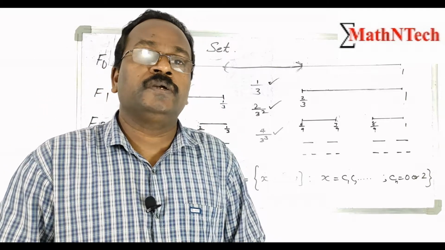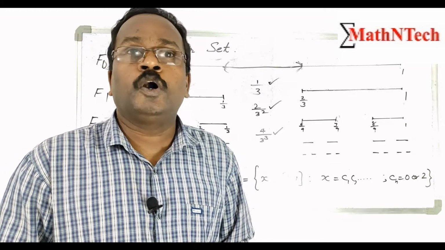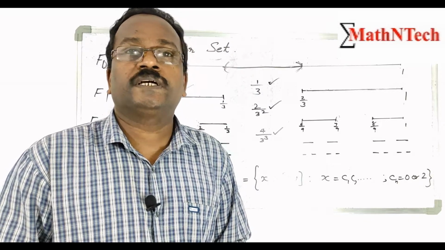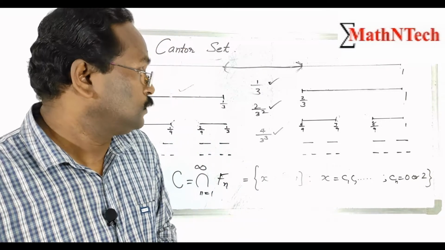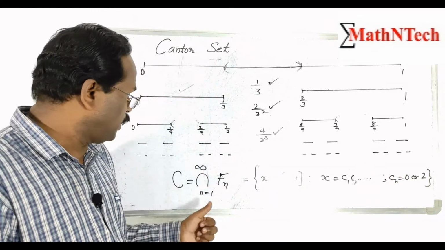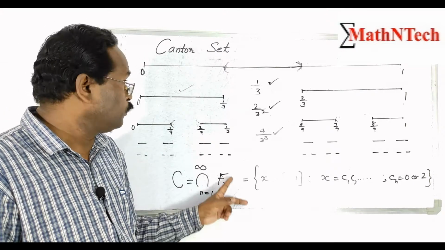So the Cantor set is the set of all points in the unit interval [0, 1] which has a ternary representation using only the digits 0 and 2. So we can define Cantor set equal to the intersection of Fn. What is F1?